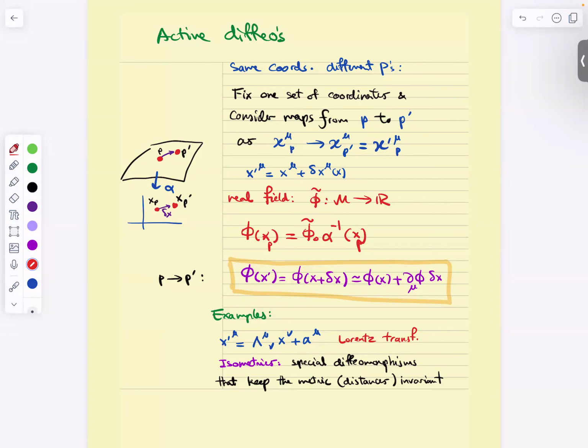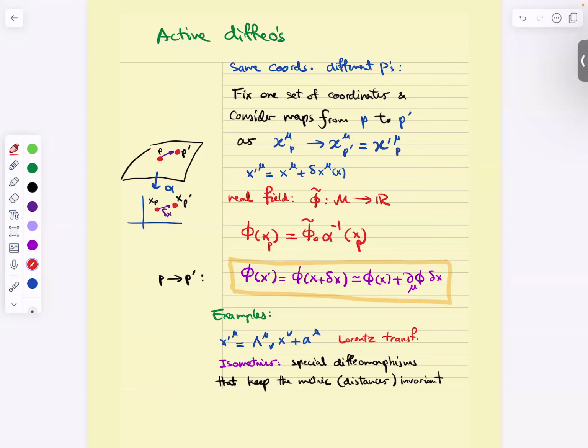The other thing is that I still don't understand when you say, okay, let's consider a real field that goes from M to R, and then I take phi without the wiggle, which I take to be the complex field we defined earlier. That's because it's not complex. No, but then you have phi of xp is equal to phi naught wiggle.